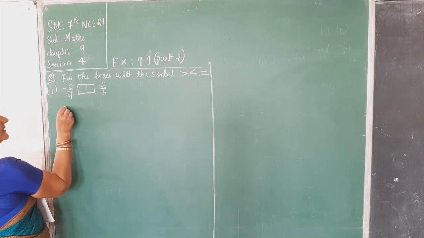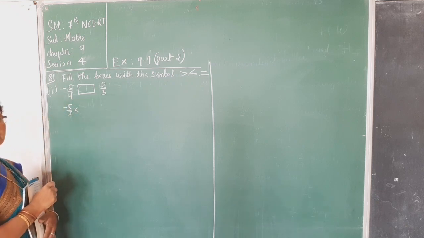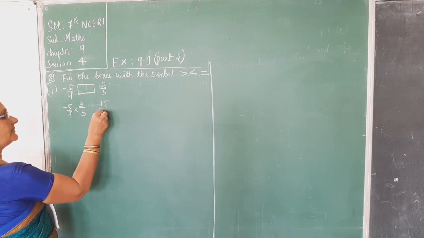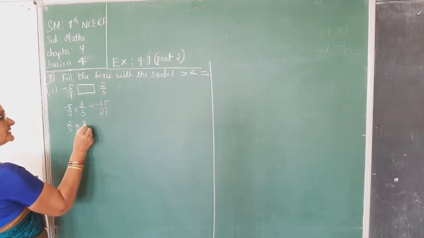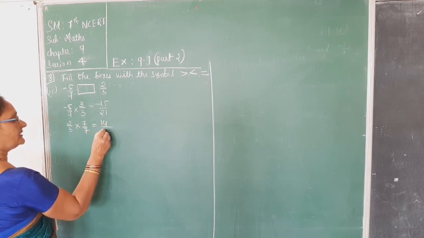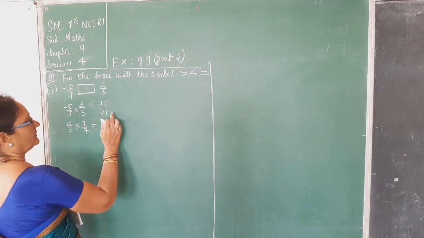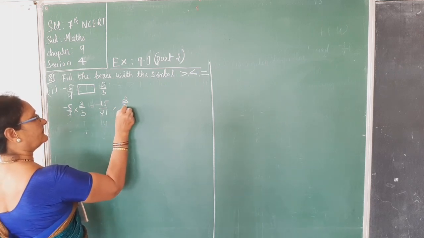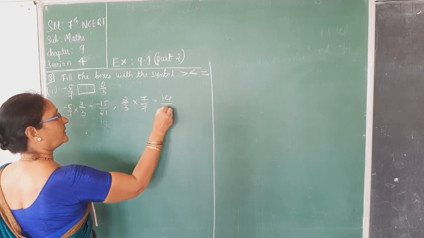We have to equalize those and then it is easy for us to write the symbol here. How to equalize? See, minus 5 by 7 into 3 by 3, since 7 and 3, 21 is the LCM. So minus 15 by 21. And 2 by 3 into 7 by 7 is equal to 14 by 21.